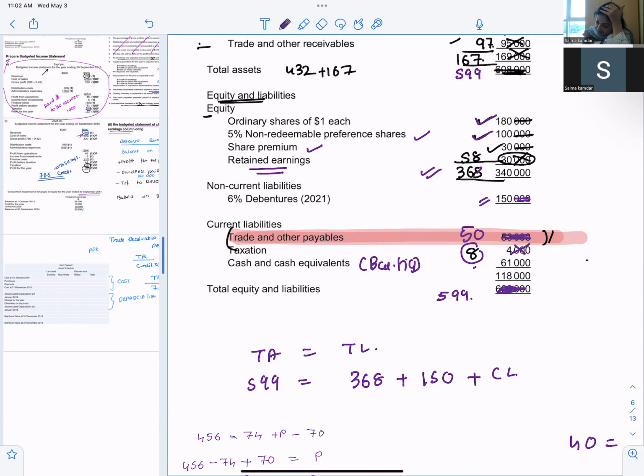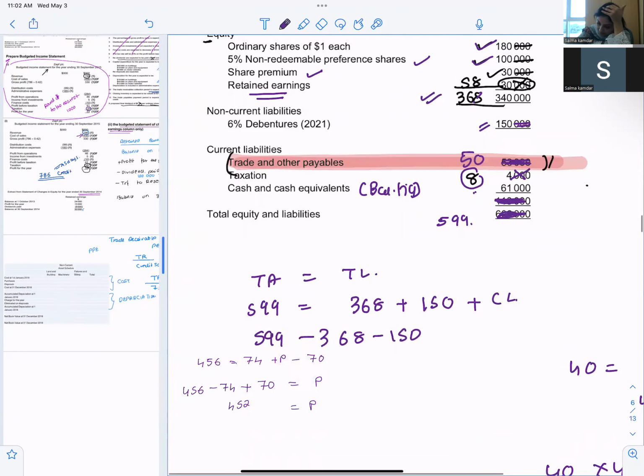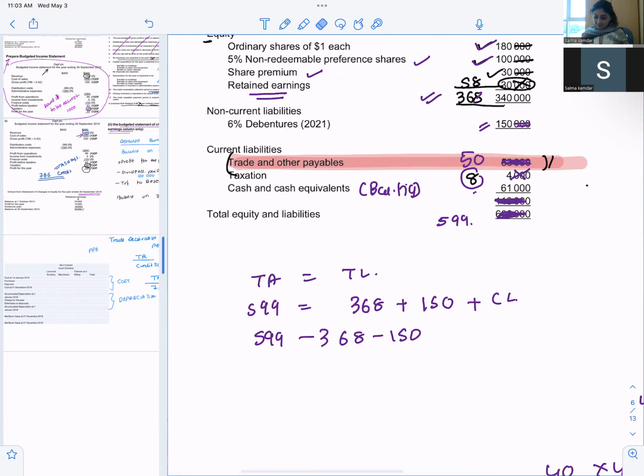I'm trying to get my total current liabilities. So current liabilities will be 599 minus 368 minus 150, and my current liabilities will be 81.